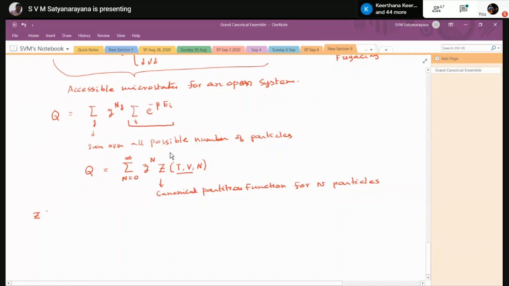So let us say Z0, Z1, Z2, etc., some Zn, and so on. If you see this, this is like a sequence of canonical partition functions.